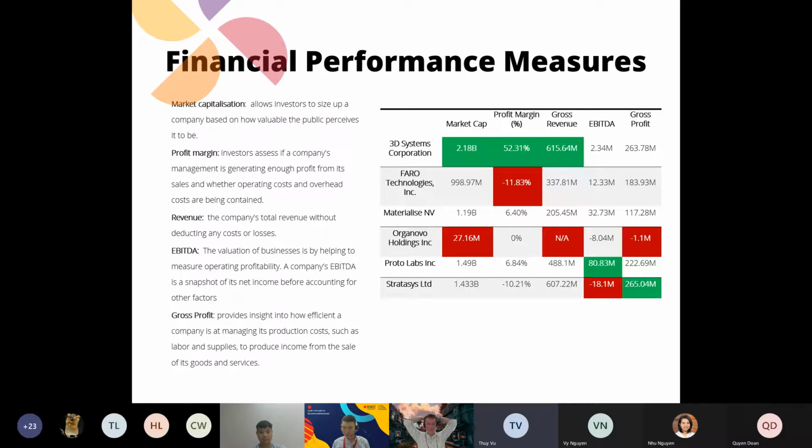We look at market capitalization, profit margin, revenue, EBITDA, and gross profit. As you can see here, for example, with the company Organovo, we can assess which stage the company is at by looking at the numbers on these financial statements.